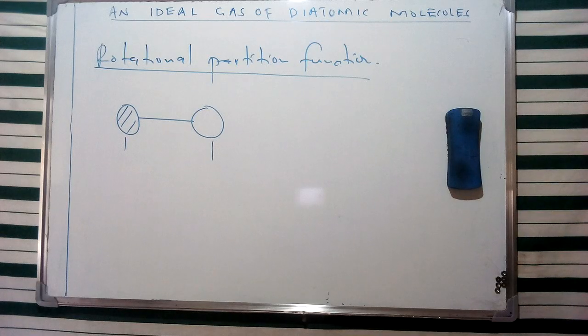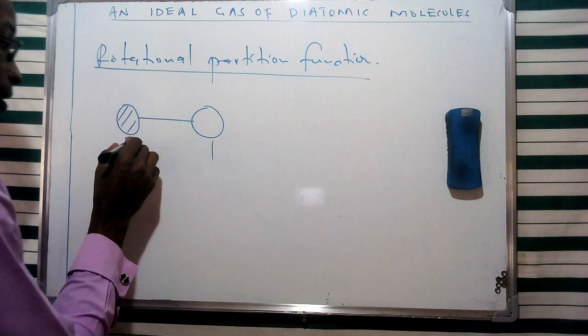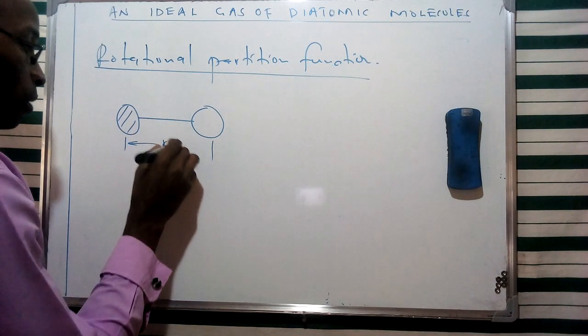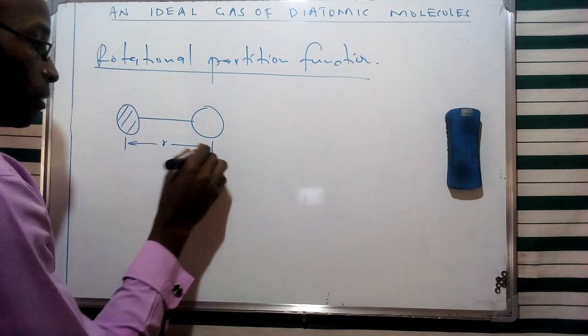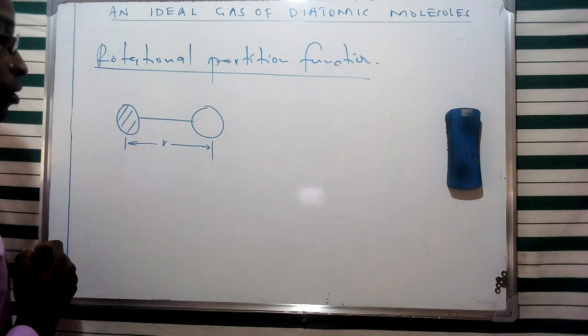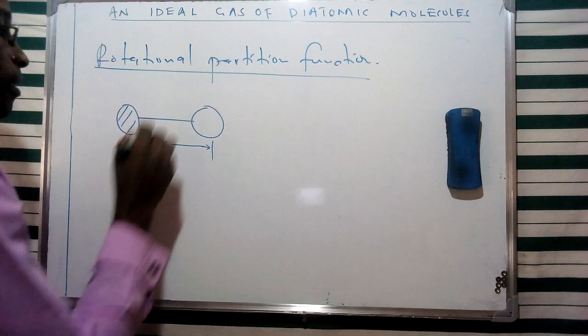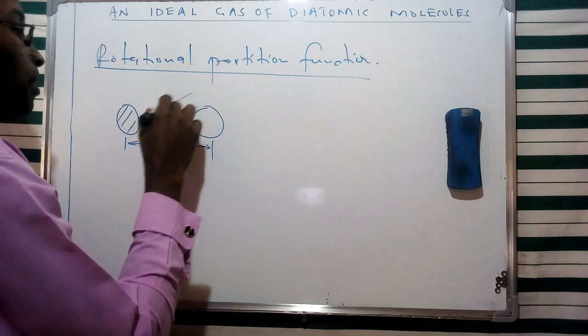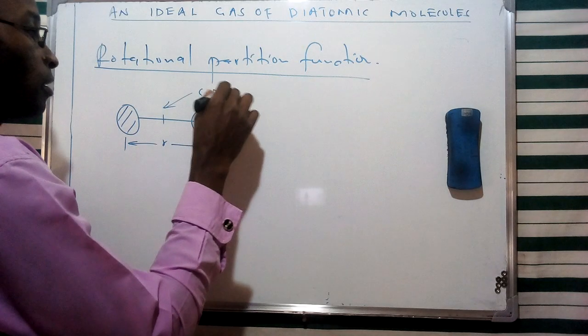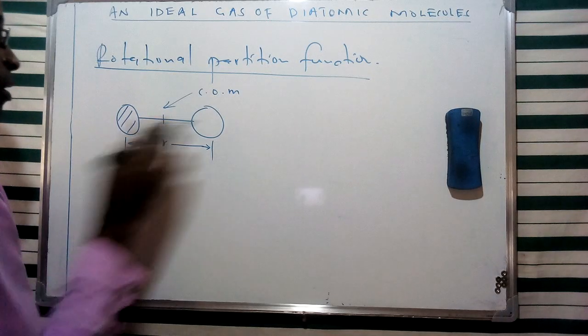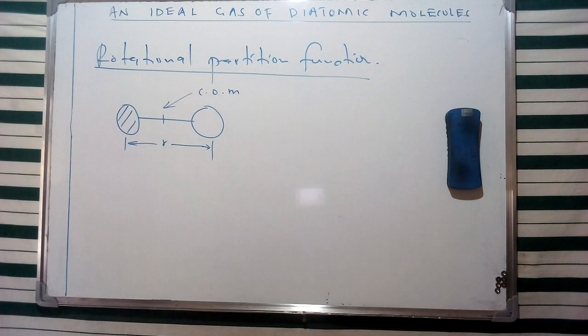If we have such a molecule, the bond length is given by the distance between these 2 centers, and the center of mass is situated at a particular point in this distance between the two heteronuclear atoms I've illustrated.